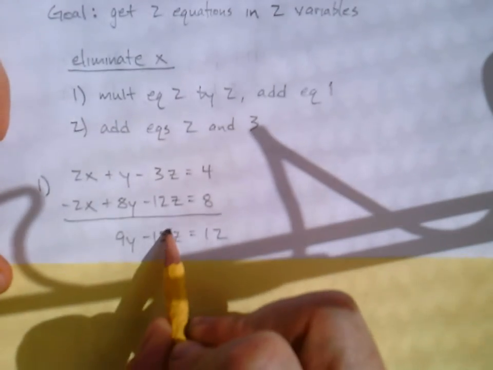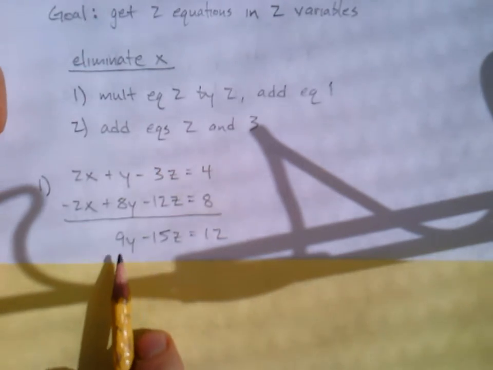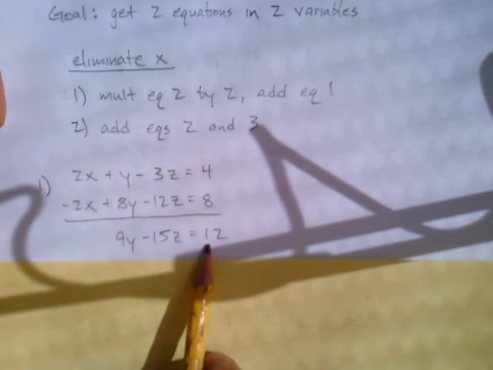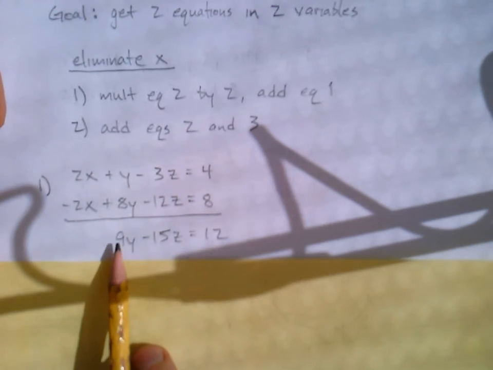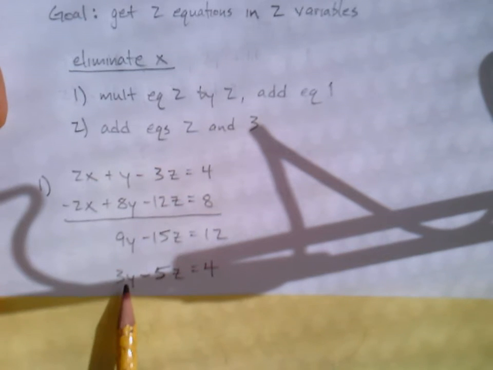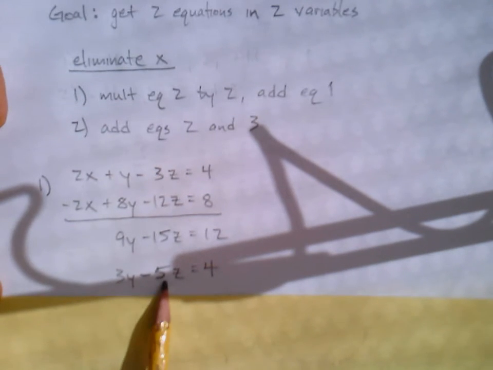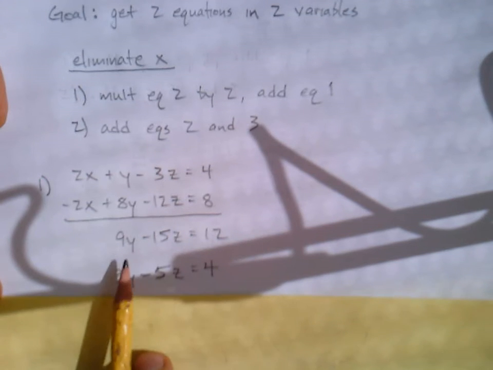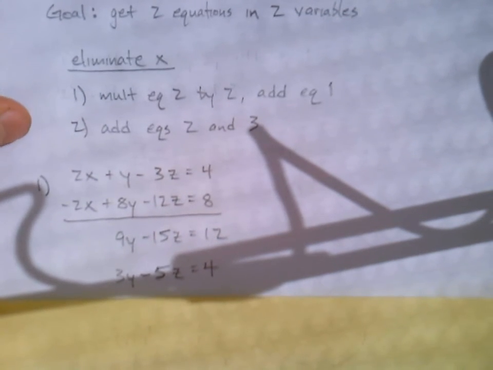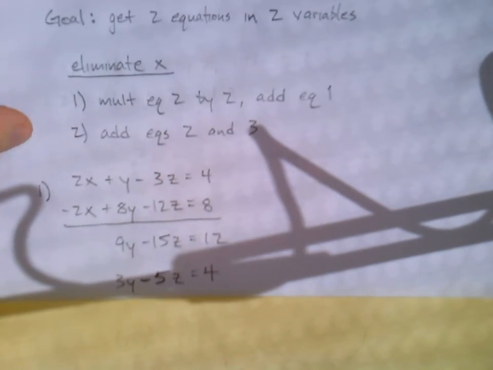Now you notice in this equation, I can actually simplify this a bit further. All three coefficients are a multiple of 3. I could divide each of these by 3 and get 3y minus 5z equals 4. Again, dividing each term by 3. Okay, so number 1 is good.